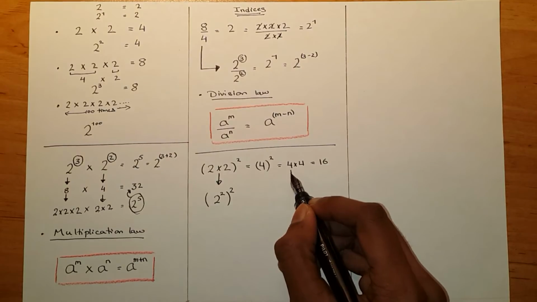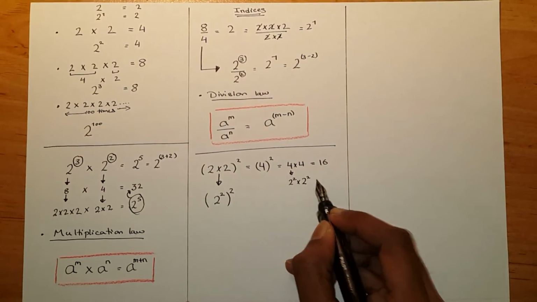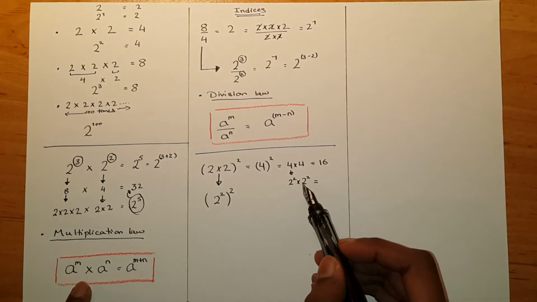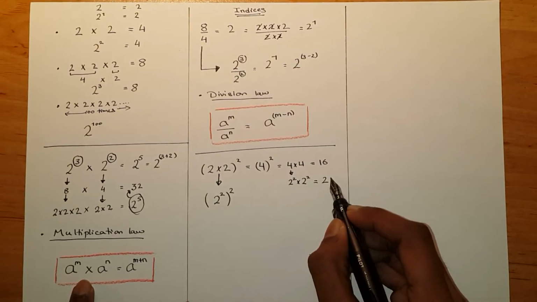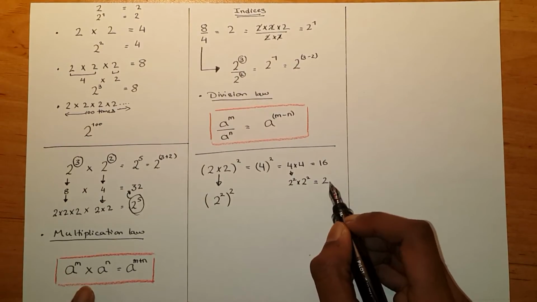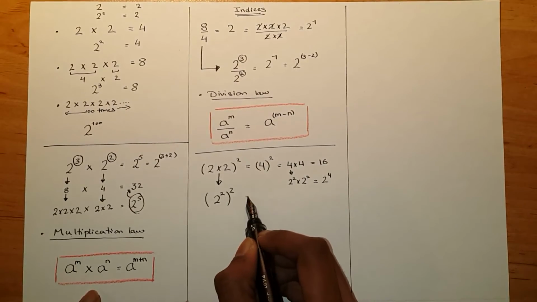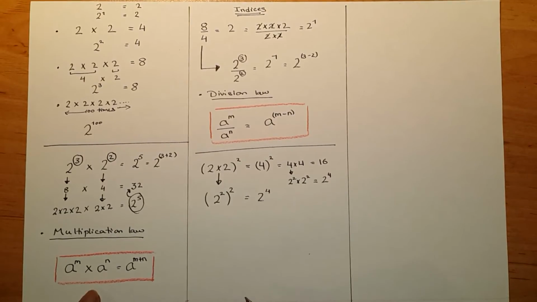But here, it's 2 to the power of 2 times 2 to the power of 2. And from our multiplication law, we know that 2 plus 2 equals 4. So it makes us 2 to the power of 4. So we know that this is equal to 2 to the power of 4.